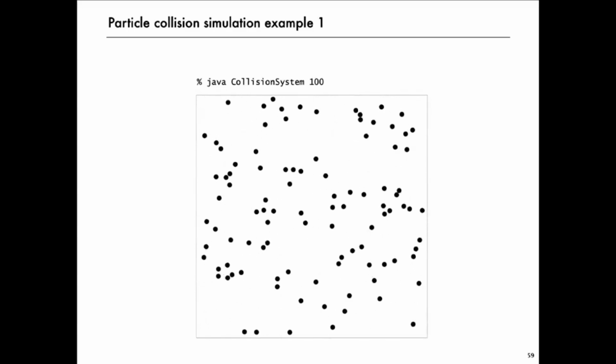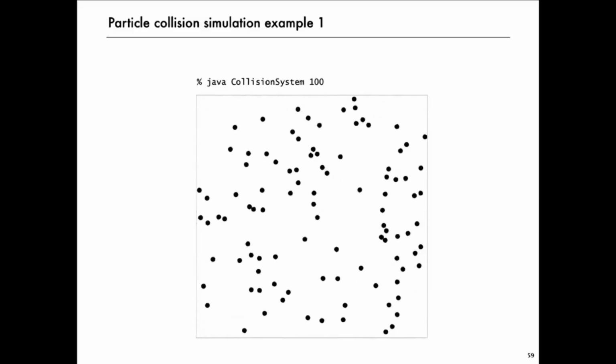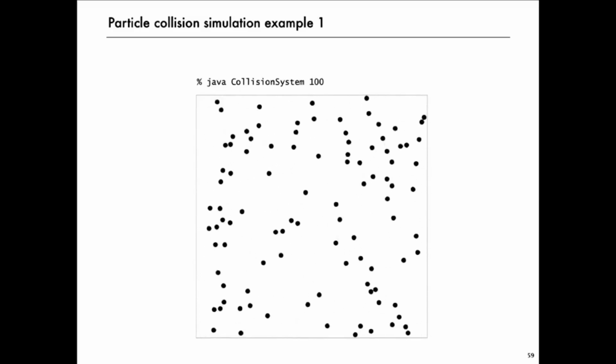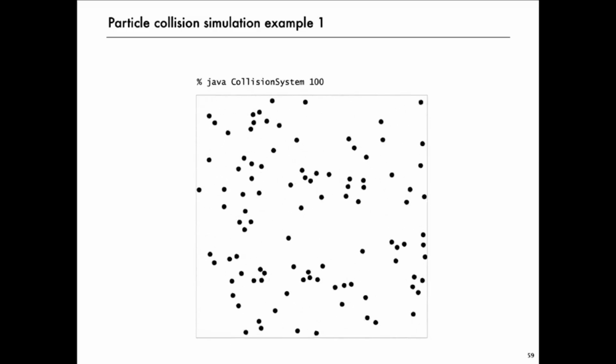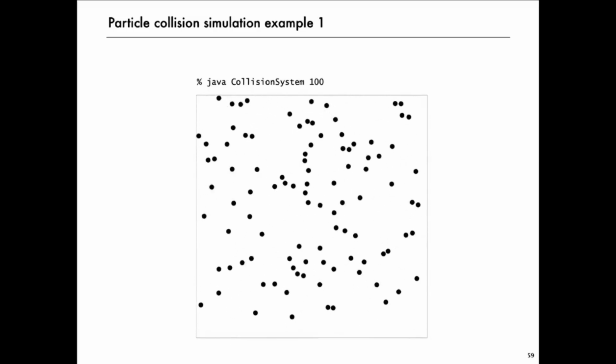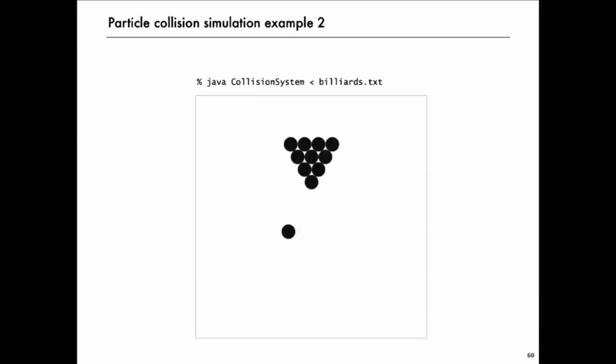Without priority queues, it would be quite a bit more complicated to figure out how to do this, and it wouldn't be reasonably efficient at all for large data sets. So that's a simple simulation, just generating random positions. People might be interested in this one.